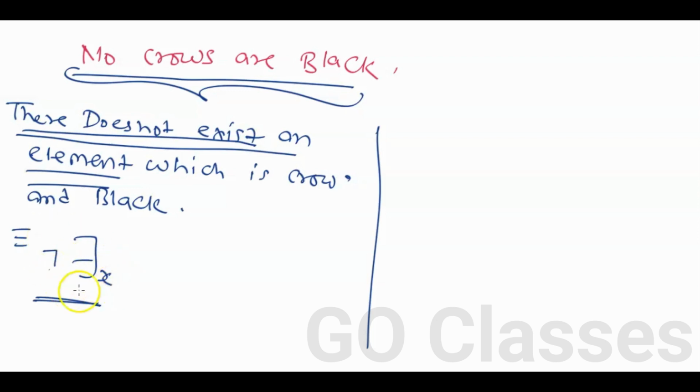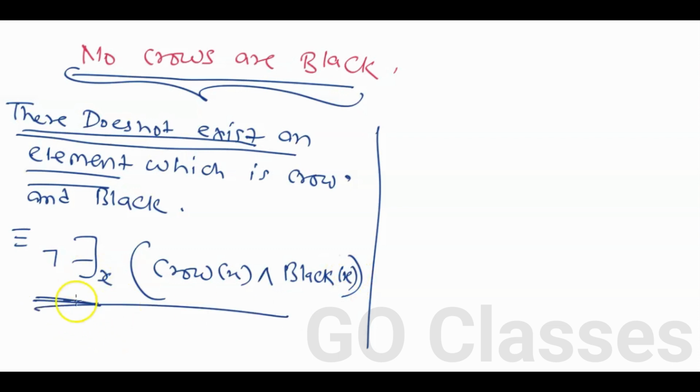So there does not exist an element which is crow and black. Okay, so this is the translation.